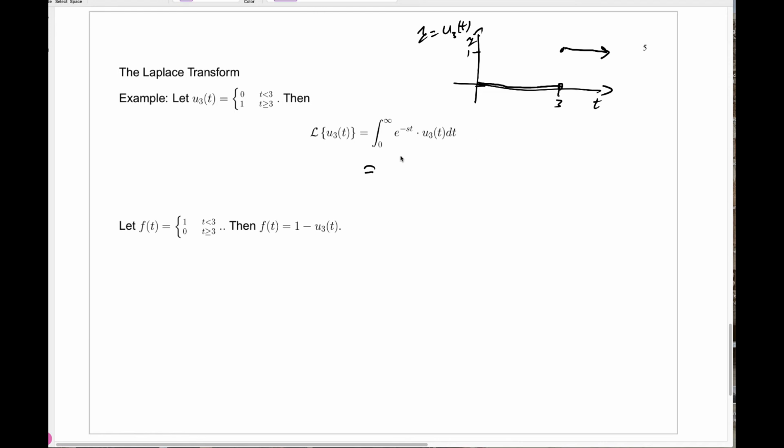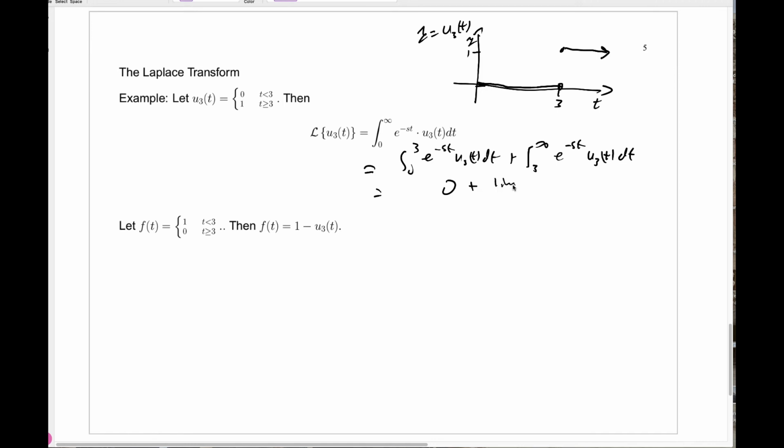Well, we can write that as the integral from 0 to 3 of e to the minus st u3 of t dt plus the integral from 3 to infinity of e to the minus st u3 of t dt. And notice that between 0 and 3, this is just 0. So that is trivial. And then we integrate from 3 to infinity.